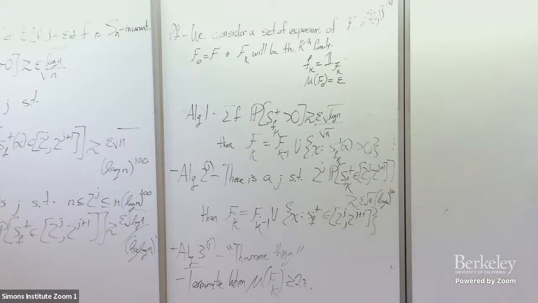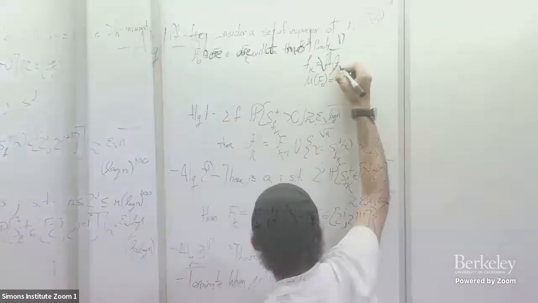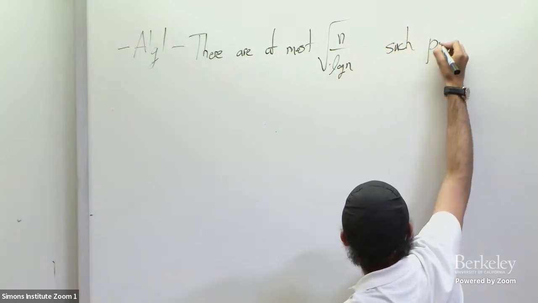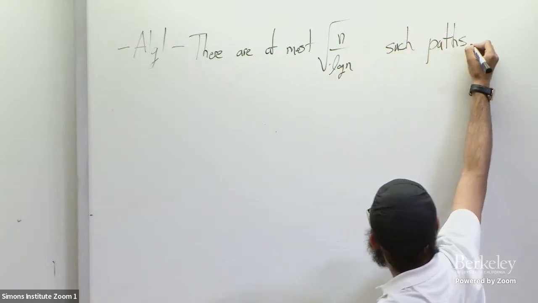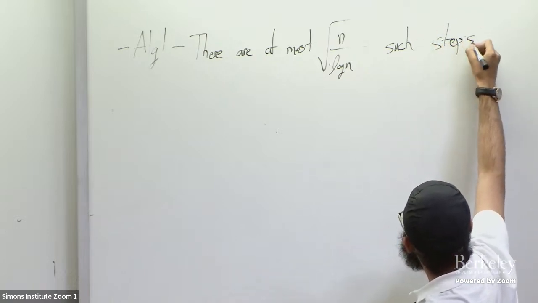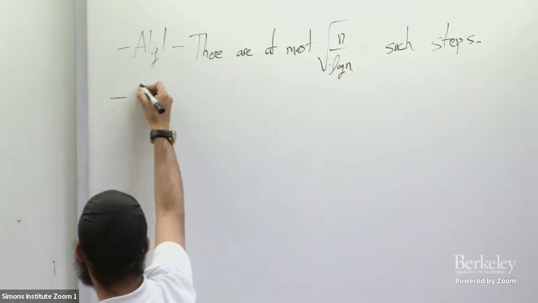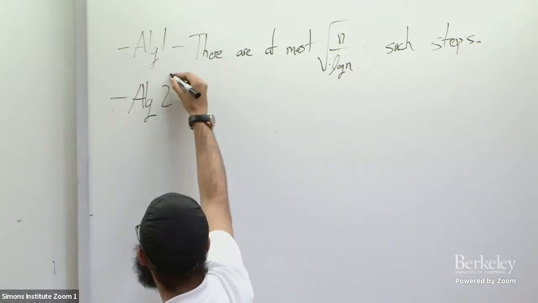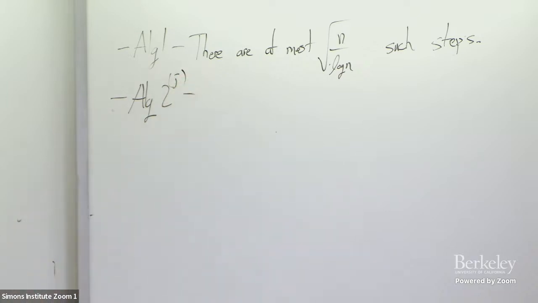So there are at most square root n over log n such steps. We're also just going to use the same bound for these 2 steps.